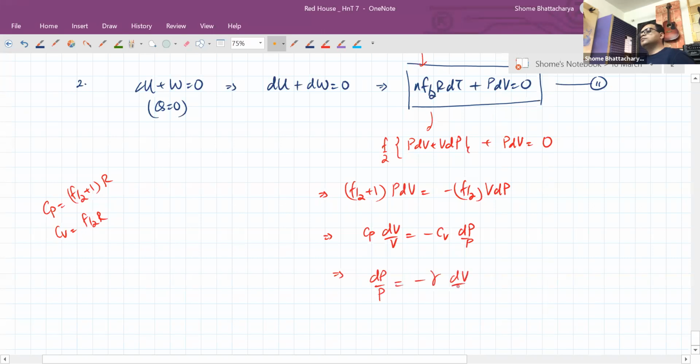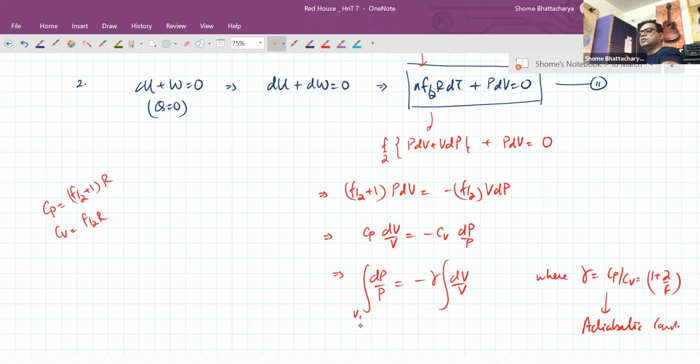We introduce a new constant, called the adiabatic constant. We integrate this from P1 to P2, while this is from V1 to V2.